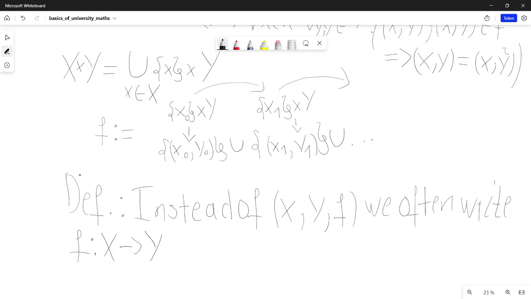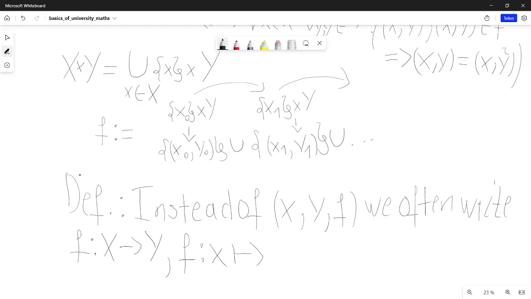It's just that f is a map that is going from the domain X to the value space Y. And for particular assignments, we just write that, and pay attention, the arrows are different.